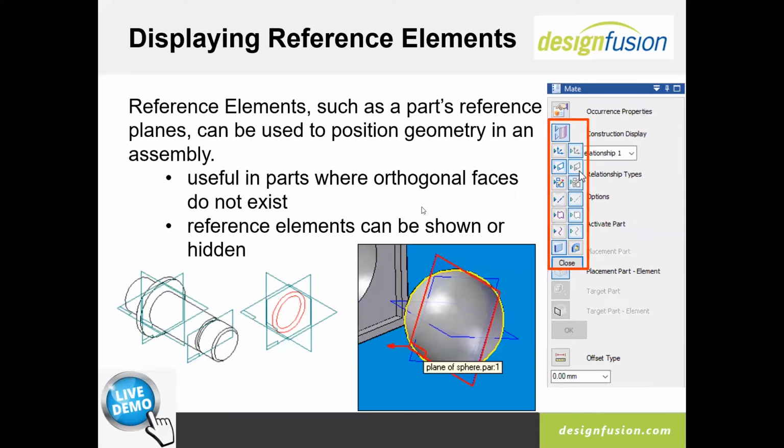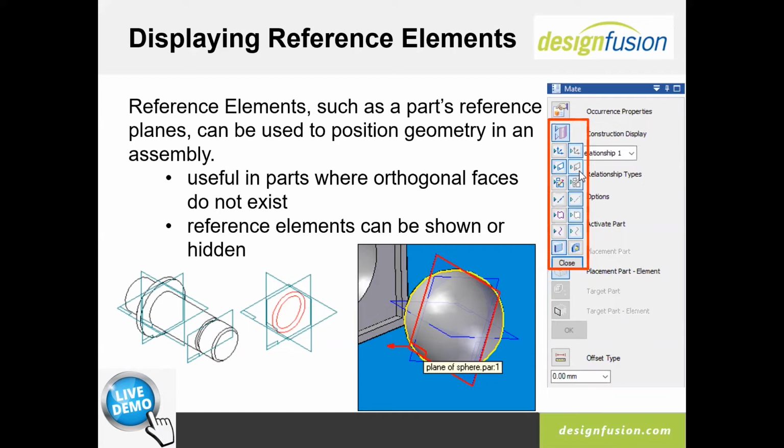And we also have the ability to display reference planes, coordinate systems, sketches, this type of stuff that was used to create the component that we're placing. This helps us to align sometimes where there's a difficult alignment.